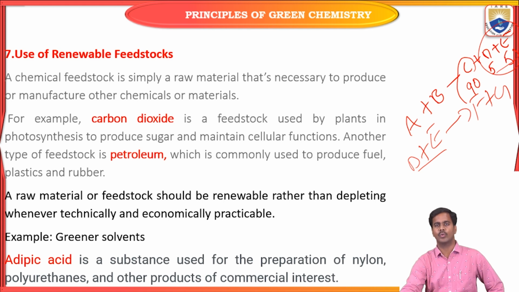That is known as use of renewable feedstocks. For example, carbon dioxide is a feedstock used by plants in photosynthesis. So what is photosynthesis? Production of carbohydrates by using carbon dioxide. That phenomenon is known as photosynthesis.